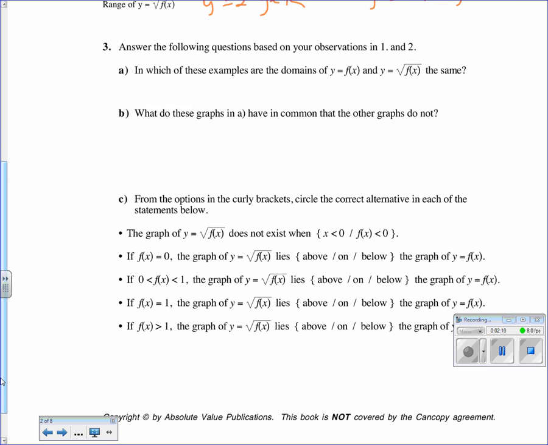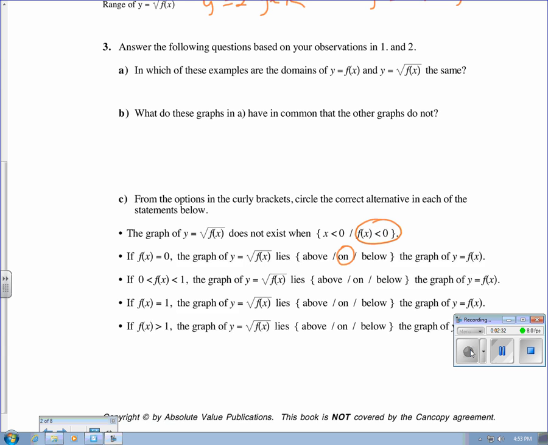So when does the graph of the square root of the function not exist? We end up with problems when the function generates y values that are less than 0. If the function evaluated at x is equal to 0, then the graph of the square root of that function lies where?